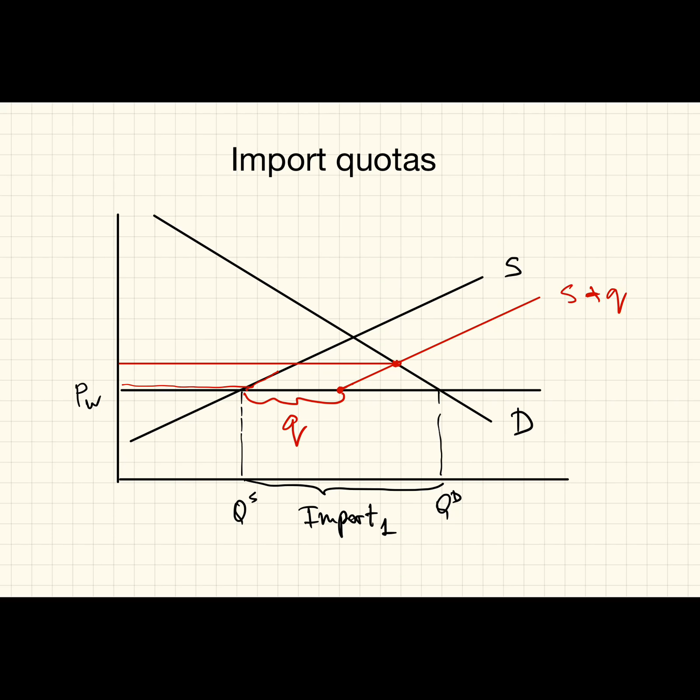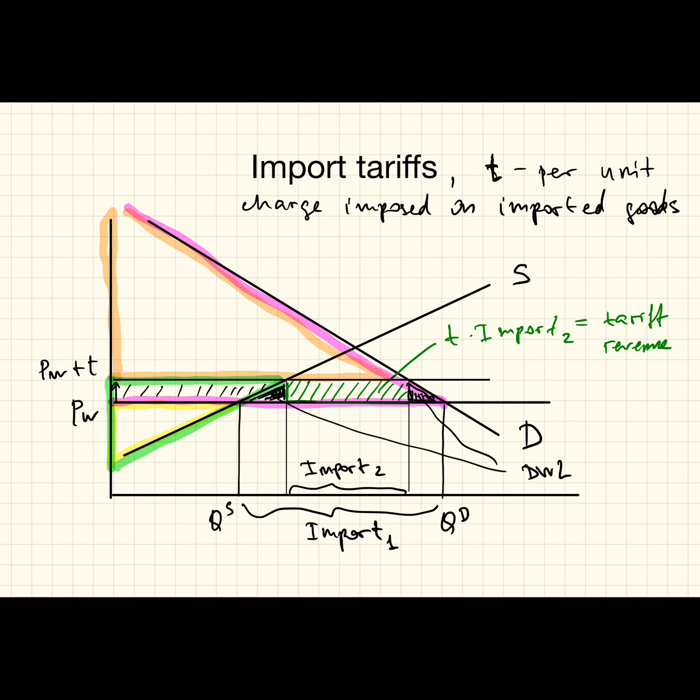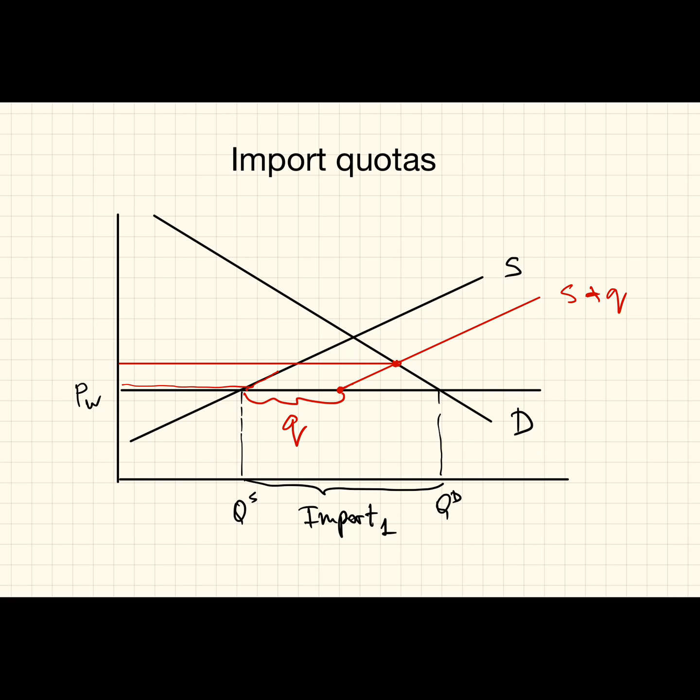So that's why in this case, as I said earlier, we end up having something quite similar to the case of tariff, because price still goes up, even though unintentionally, you could say. But it's not PW, it's PQ, the price which we have in this market when there is a quota.